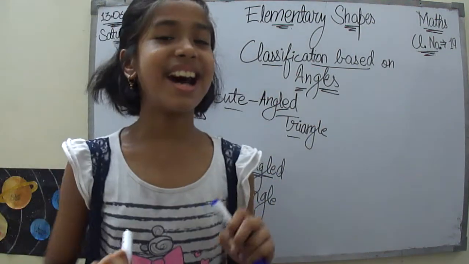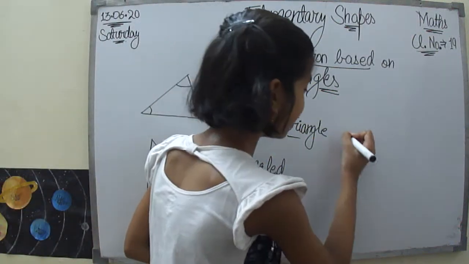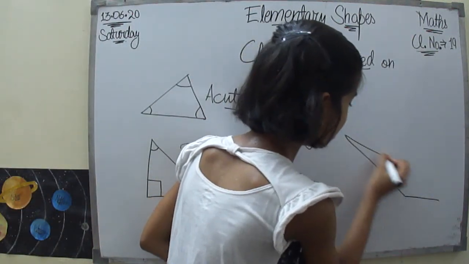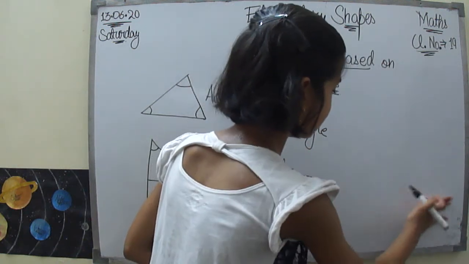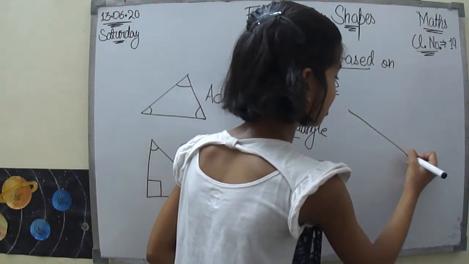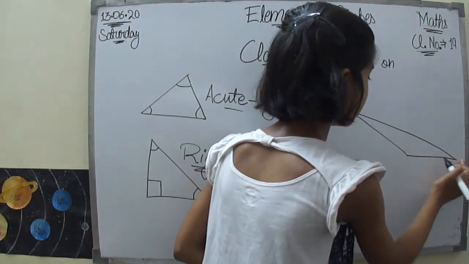Then at the last, the triangle with the obtuse angle, right? So the triangle with the obtuse angle is known as, let me draw that out. So this is an obtuse angle, and just join this line.